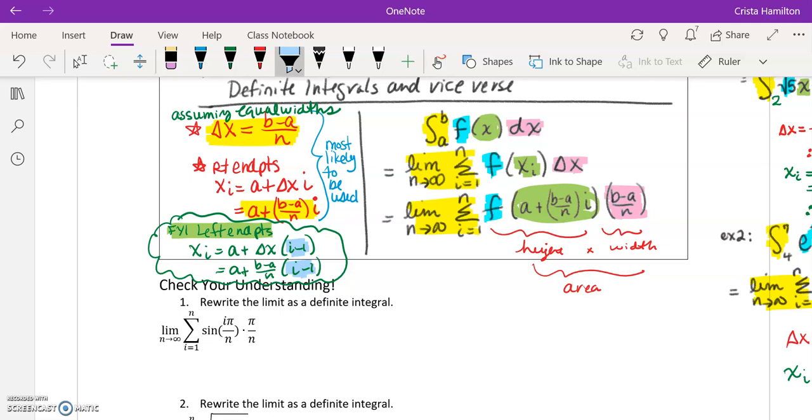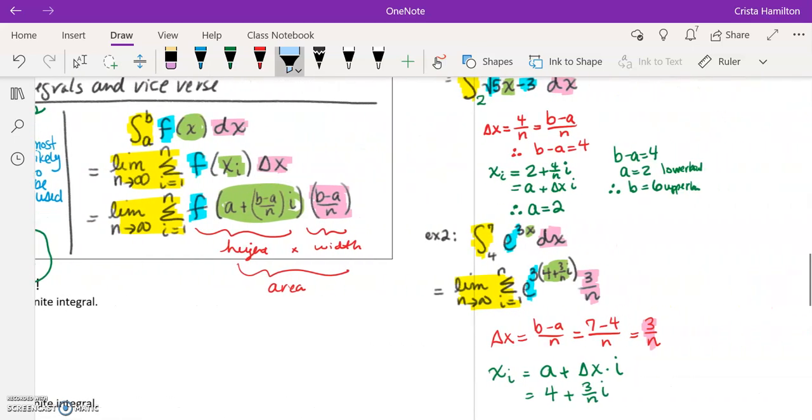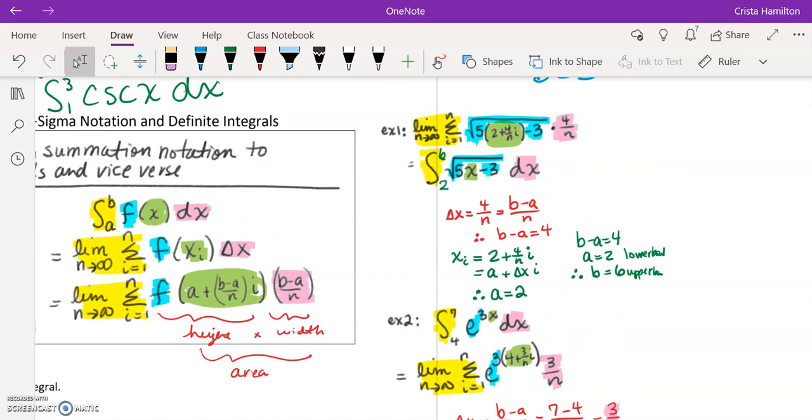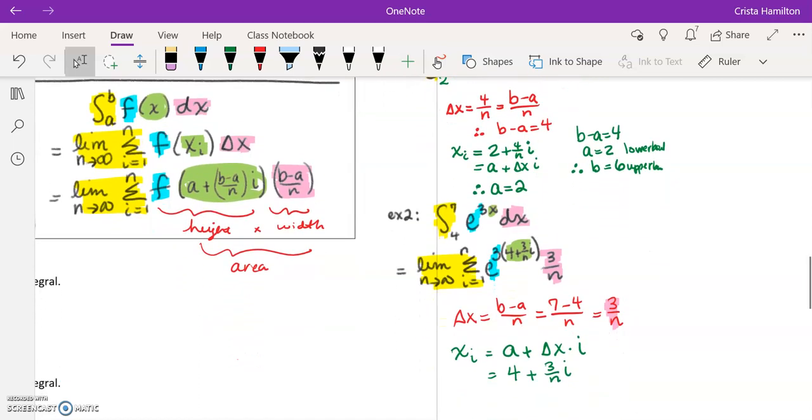You really don't want to do anything for delta x because you want to start with the left one. So if you do that, i minus 1, all that really does is the first rectangle uses the left instead of the right endpoint. I want to throw that out there just in case you might see something like that. But I will tell you the most common thing that I've seen is where they use the right endpoint. I've never actually seen them use the left endpoint.